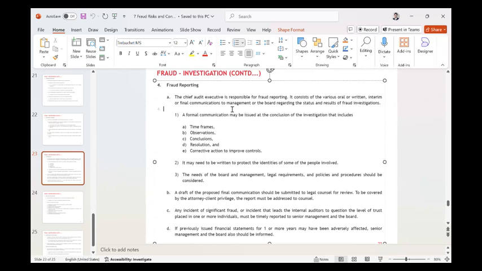If previously issued financial statements have been affected, so that is a case where due to some frauds, if that fraud has led to a misstatement or a material misstatement in the financial statements, then of course you have to see how the financial statements are also affected. Not all frauds lead to material misstatements in the financial statements, right?